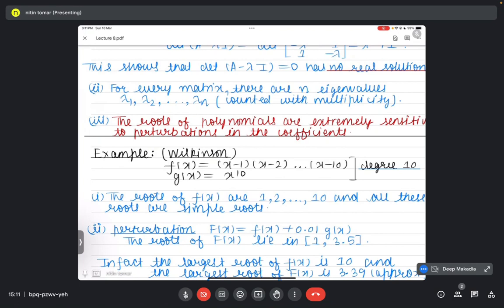What does it mean? That if an eigenvalue repeats, then we are counting them as many times as they are being repeated. Okay. So this remark gives you that at the most there can be n eigenvalues for a real matrix of order n cross n. When I say at the most, it means there can be less than n distinct ones, because some might repeat.